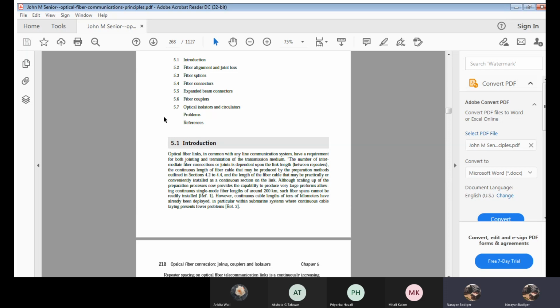These two are very important: distance and transmission rate. The transmission rate is usually talked about in gigabits per second, and the distance covered in thousands of kilometers. Only then can we call this optical fiber a telecommunication link.